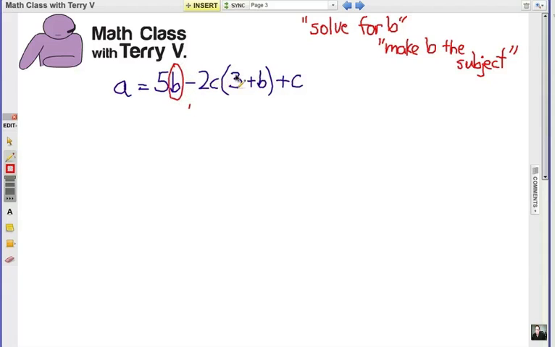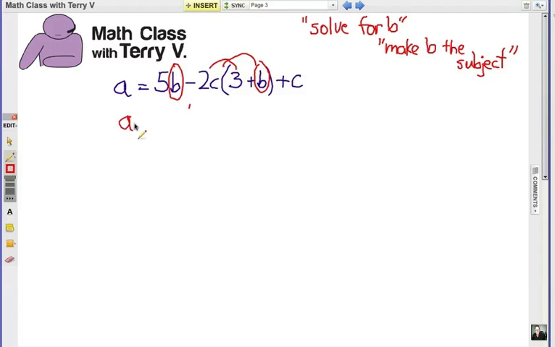Well, again, the first step is to analyze what's going on. b is being multiplied by a 5, and it's also inside this parentheses group. In the previous example I said when you see parentheses you need to multiply it out, and then later we have to combine terms together if possible. So the very first step is to go ahead and multiply using the distributive property.